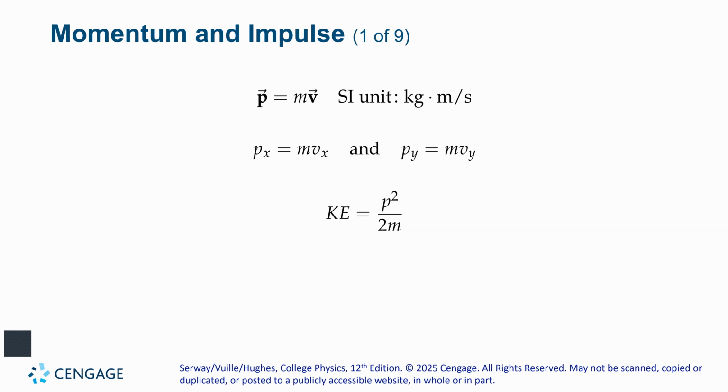And momentum is a vector quantity, so it has x and y components, where the x component of momentum px is mass times the velocity x component, and the y component is the mass times the velocity y component. The kinetic energy is the momentum squared over 2 times mass.